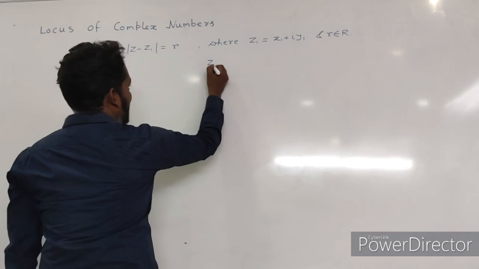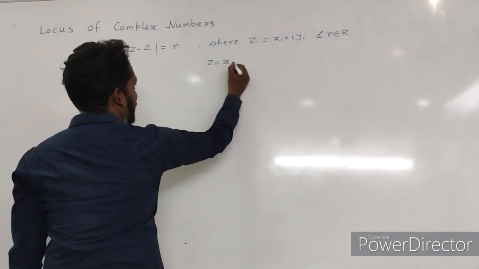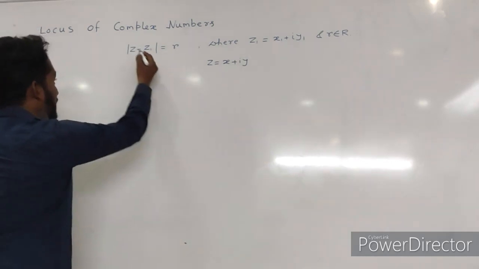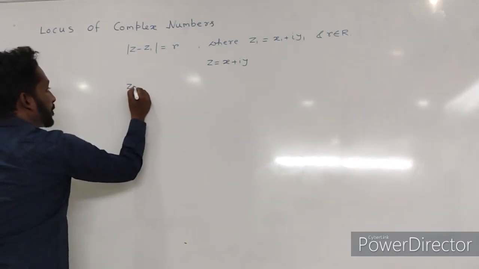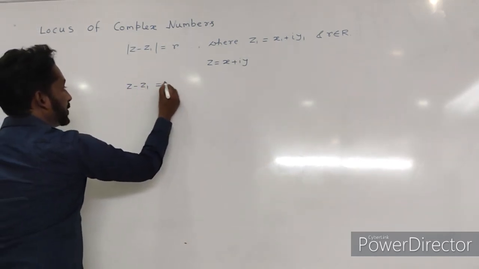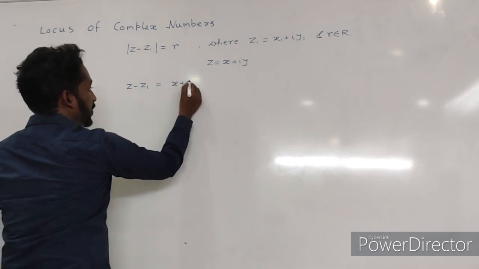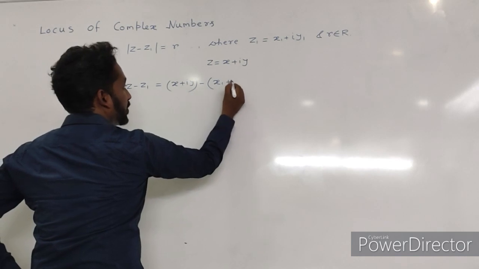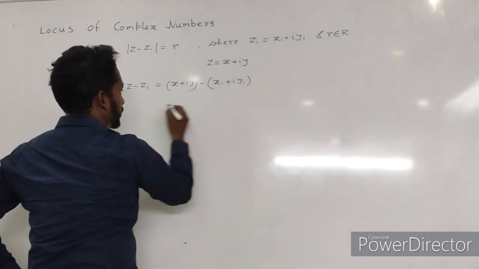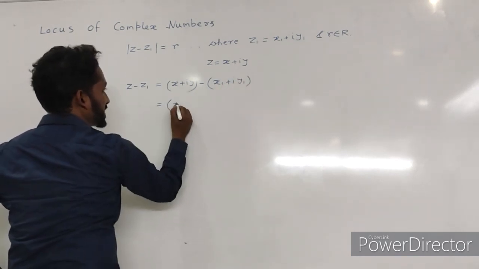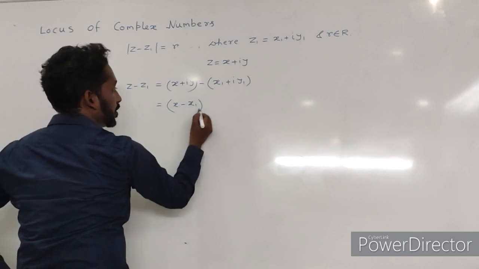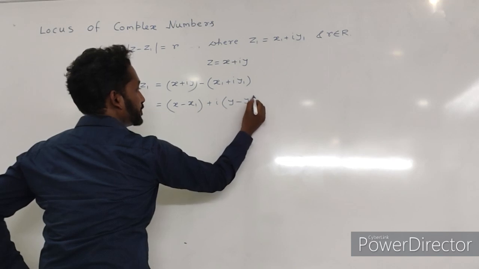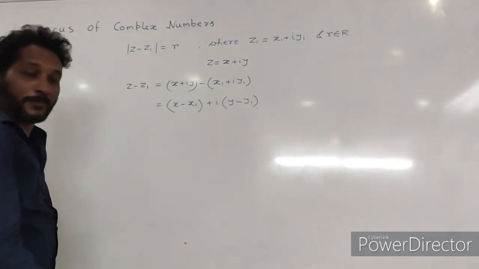Now if we consider that z is a variable point, x plus iy, then this z minus z1 is nothing but x plus iy minus x1 plus i y1, which you can further write as x minus x1 plus i into y minus y1. Is this okay?